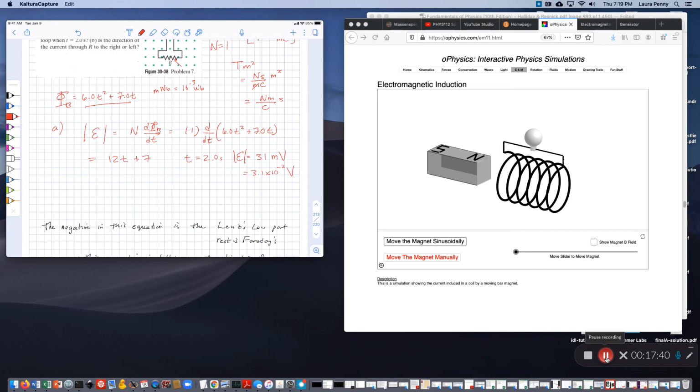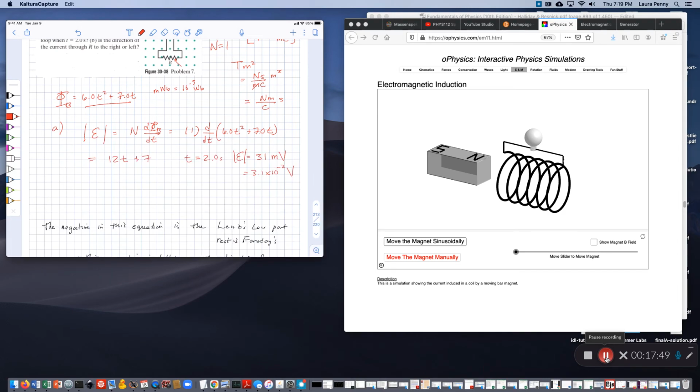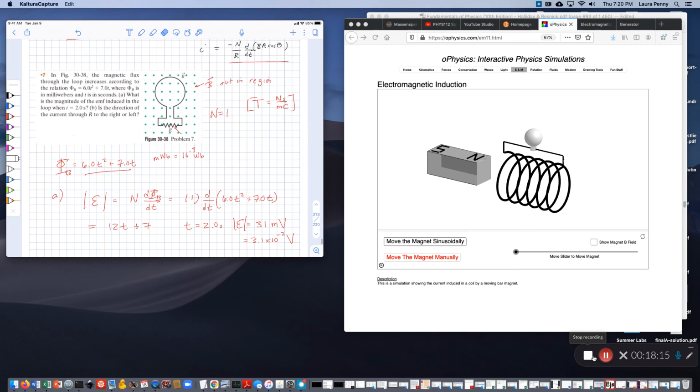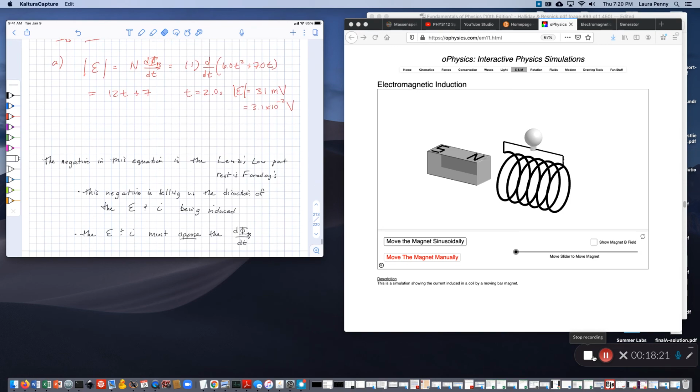But when I take the derivative of our flux with respect to time, this would have been a Tesla meter squared per second. And a Newton meter per coulomb is a volt. This is a joule per coulomb. In any case, you probably don't care, but our units do come out to be a millivolt in that derivative, which is good because this is an electric potential or an EMF, and it should have units of volts.